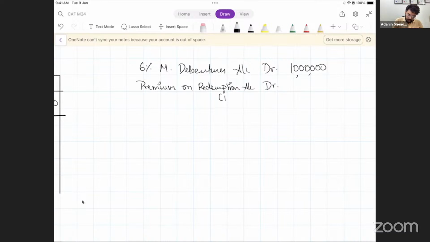This is 1 rupee into 10,000 debentures, right? 1 rupee premium we are giving. We are paying 101 rupees, like giving 1 rupee extra as an offering. 10,000 to debenture holders. 10 lakh 10,000.